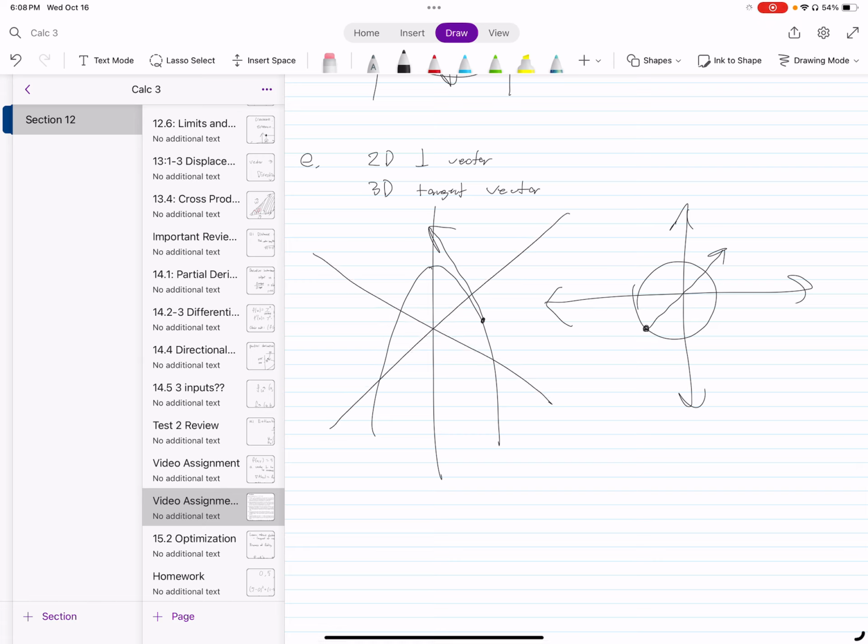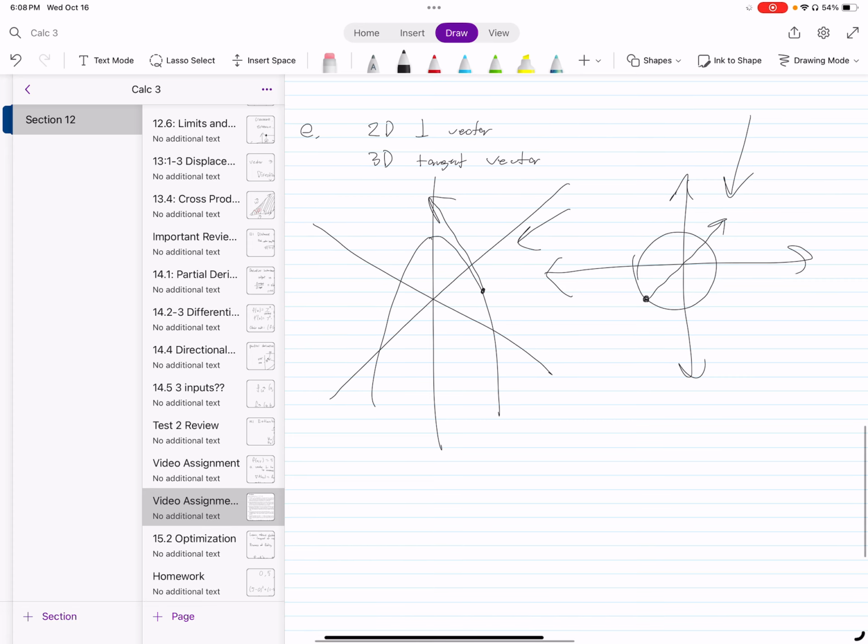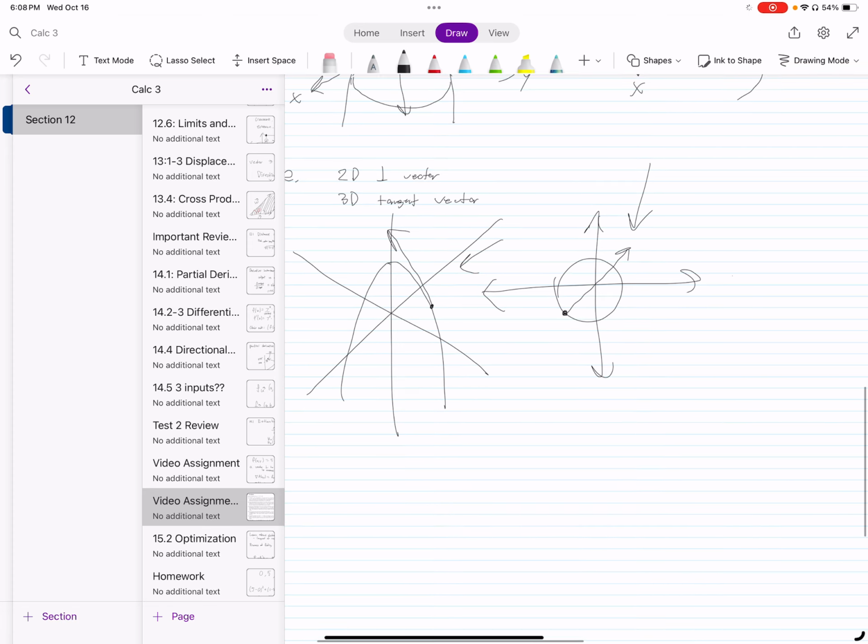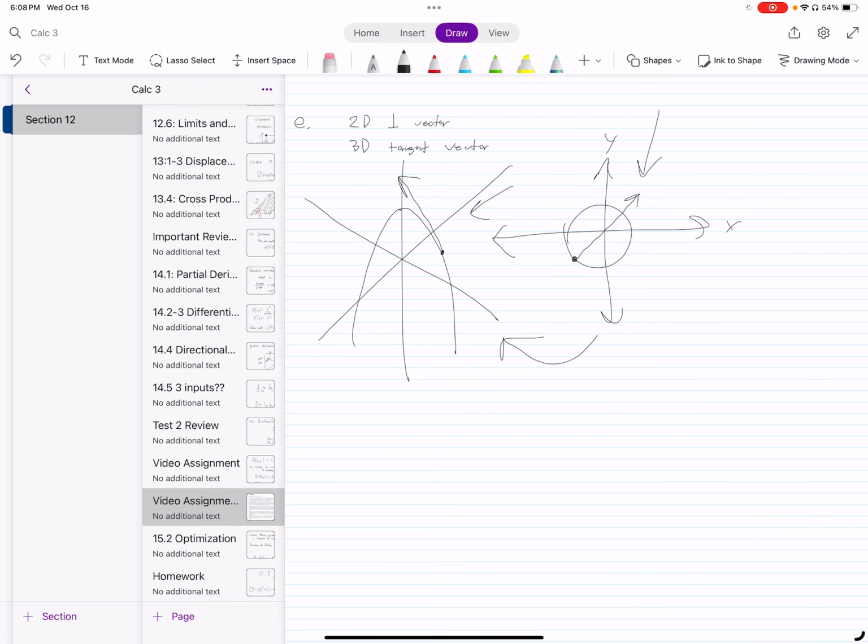So if we use the same trick, we can just rotate this graph right here in order to make it look exactly the same as this one, except from the top being a different view. So we can conclude that if this graph has the same x and y as this one, when it's from the top, then the 2D vector and the 3D vector, so this is the tangent, and this is the perpendicular, will have the same i and j components.